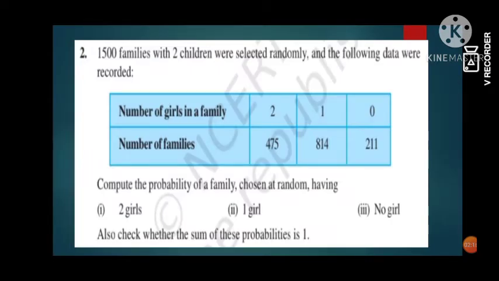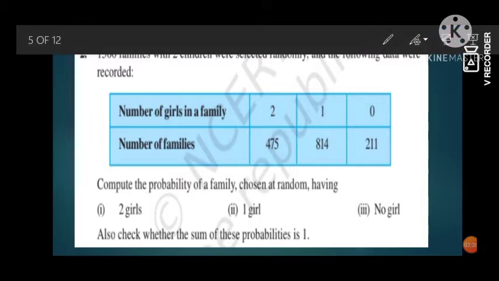Second question. 1,500 families with 2 children were selected randomly and the following data were recorded. So this is the recorded data, that is, the number of girls in a family. First is 2 girls in a family, and the number of families having 2 girls is 475.